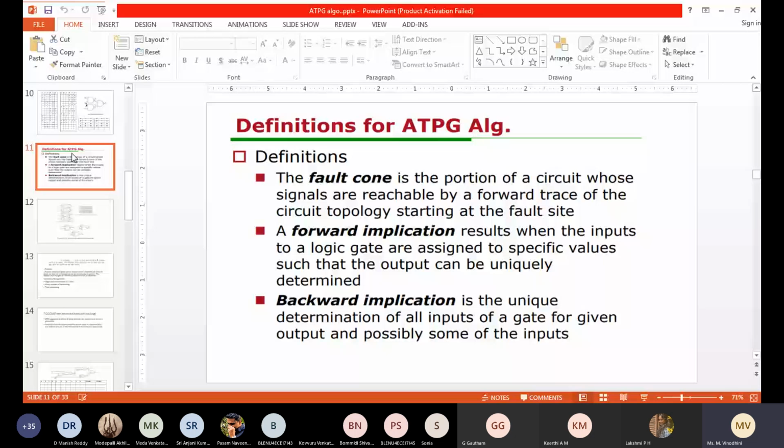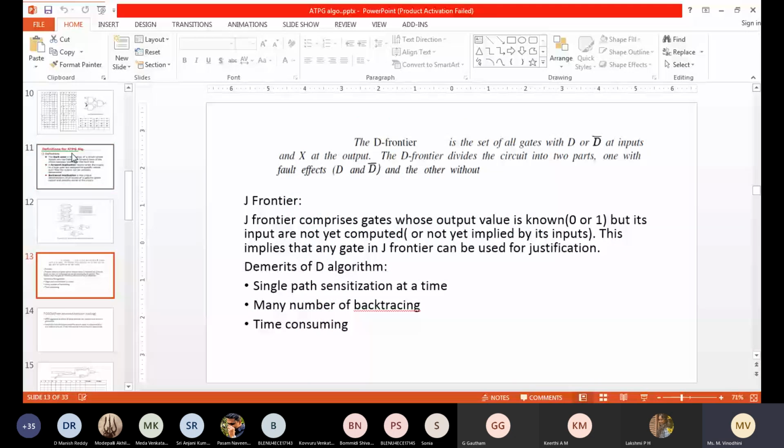Next, moving on to D frontier and J frontier. Understand the difference. Forward implication is the process in which you know the inputs and are trying to get the output. A gate involved in the forward implication is called a D frontier gate.